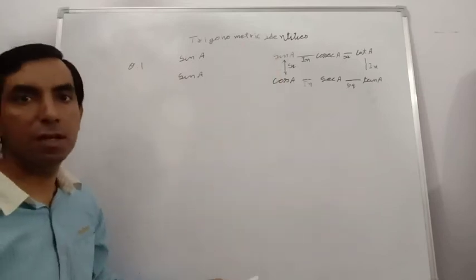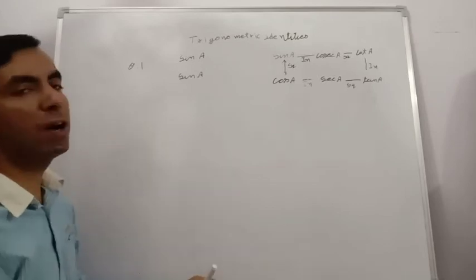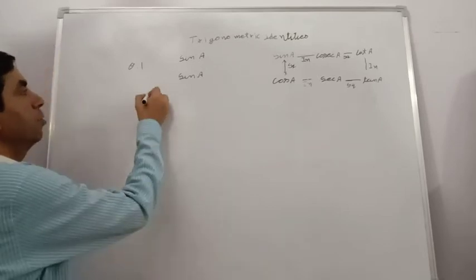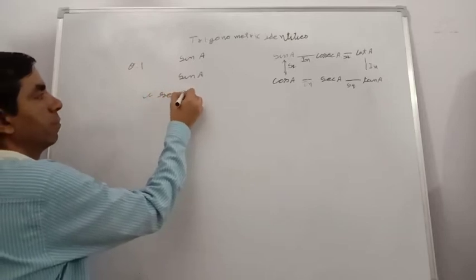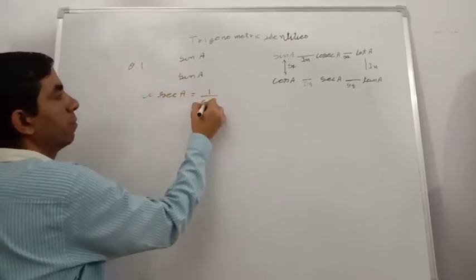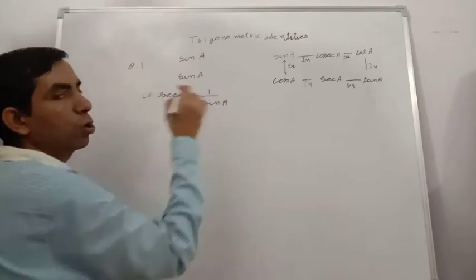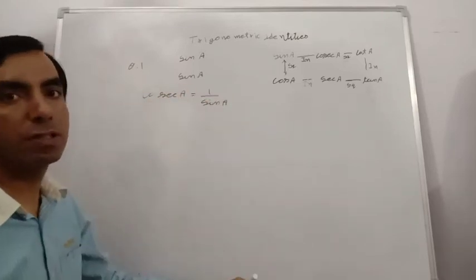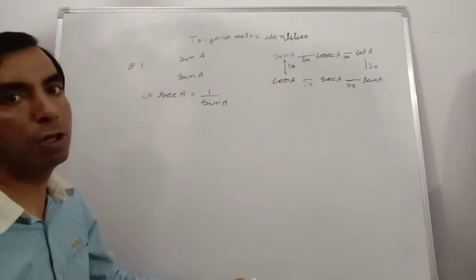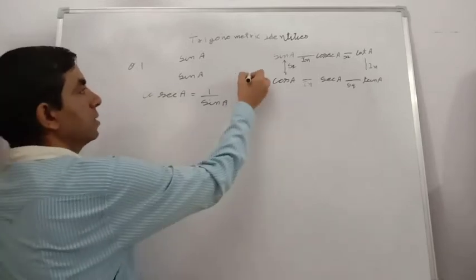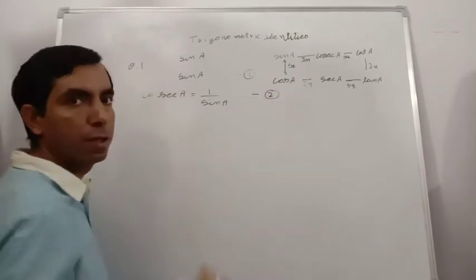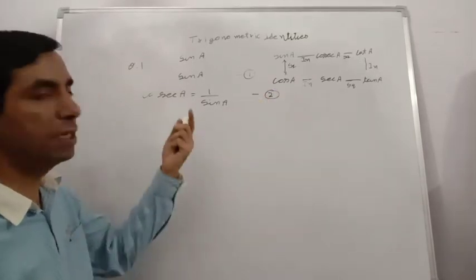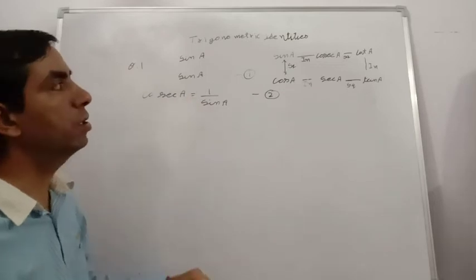Sin A is sin A. Then if we want to find cosec A, we know that cosec A is equal to 1 upon sin A. So we have found two values in sin form: first sin A, second 1 upon sin A.